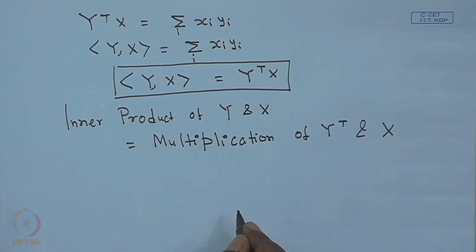Okay. So, we have looked into several properties of matrices and vectors and some special relationships of the transpose matrix and operators, and how they are connected to the inner product space.